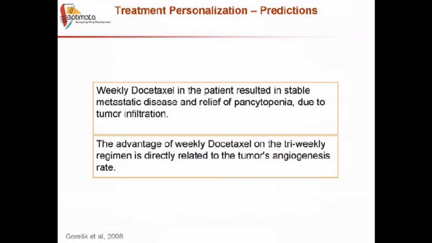Actually, we came forward with biomarkers for angiogenesis rate, which we think is important to know if you are to select the best drug regimen for the individual patient.